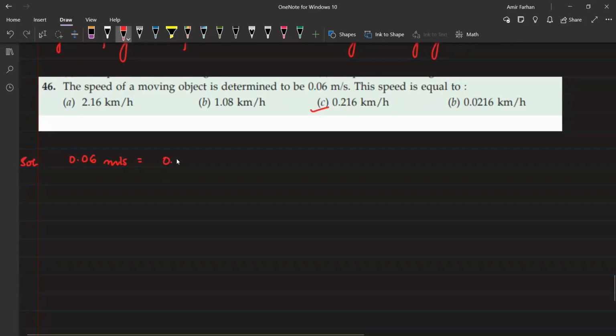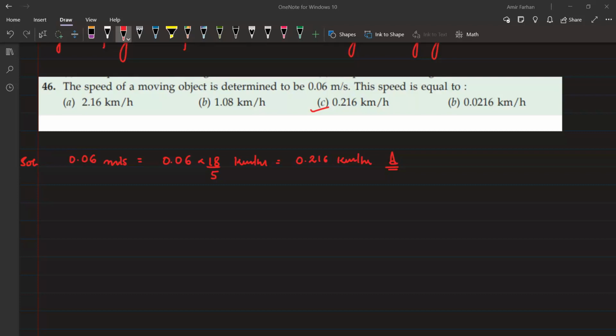But right now I have to convert meter per second into kilometer per hour, so this will be 18/5. The 0.06 meter per second comes out to be 0.216 kilometer per hour. So this will be your answer. Please tell me if it's clear to you or not.